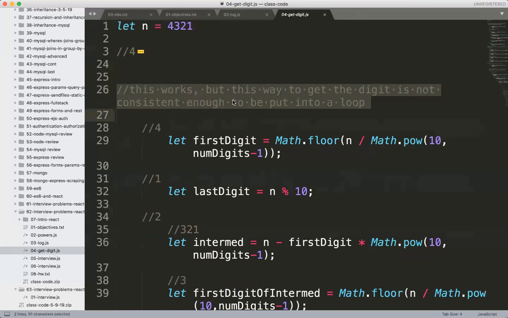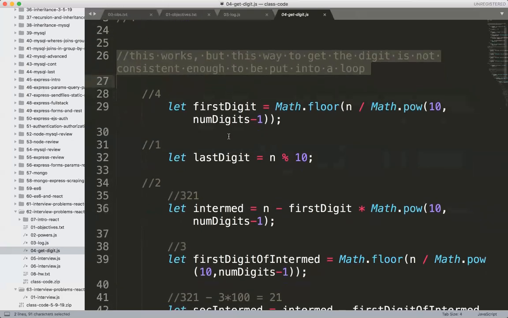We saw that on Thursday where I was putting in if statements. I had an if statement for the first digit, the second digit, the last digit, the third digit. It's not going to work, because what if the number was 100 digits long? I can't keep adding if statements, right? So we have to come up with a way that works for everything.